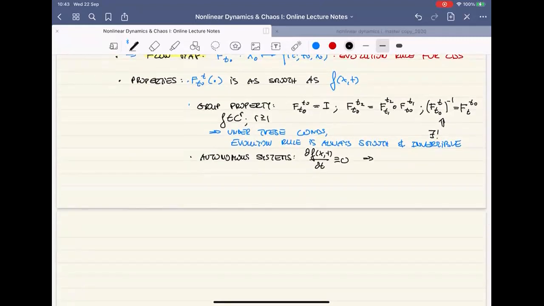It means that you have an equation, an ODE, which we call an autonomous ODE, ordinary differential equation. And what you see by inspection is that the way the system evolves, the way its derivative evolves, does not depend explicitly on time.